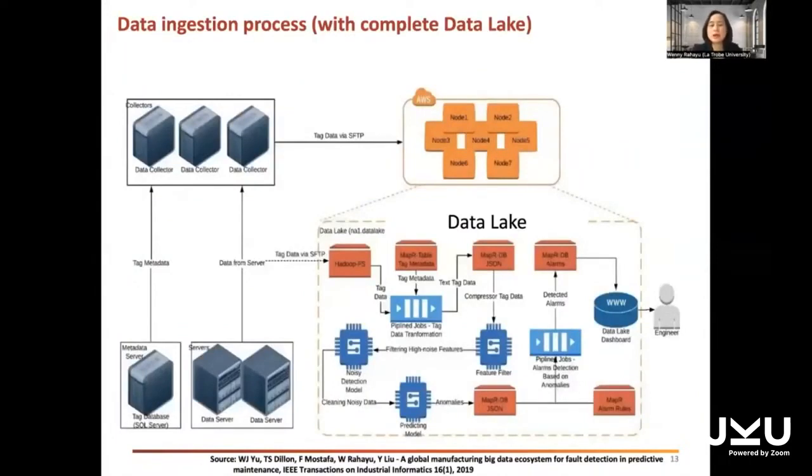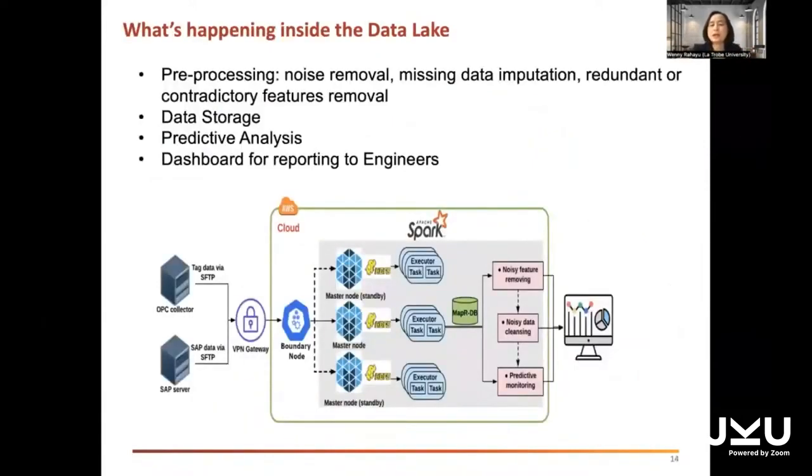In short, we store this information in the data lake, and in our case we are using the MapR database JSON, a NoSQL database, and we use Apache Hadoop as the distributed platform to absorb the data stream that comes from the OPC, the open platform communication from the IoT, and store it in our data lake.